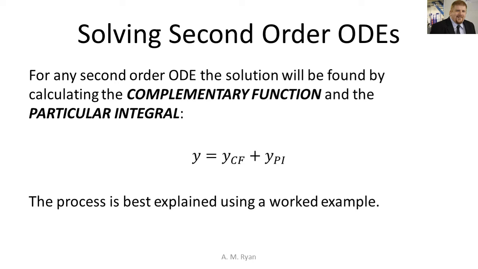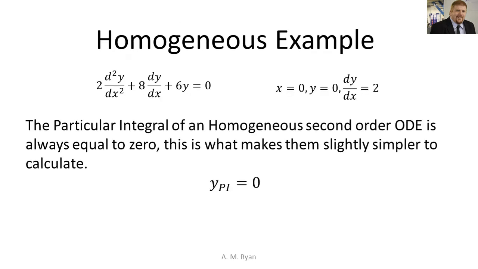Okay, and I always find it's best to explain the process with examples, and you guys want worked examples, so we're going to do a worked example on both a homogeneous first and then an inhomogeneous second order differential equation. I'm going to start with one like this. So we've got an equation.